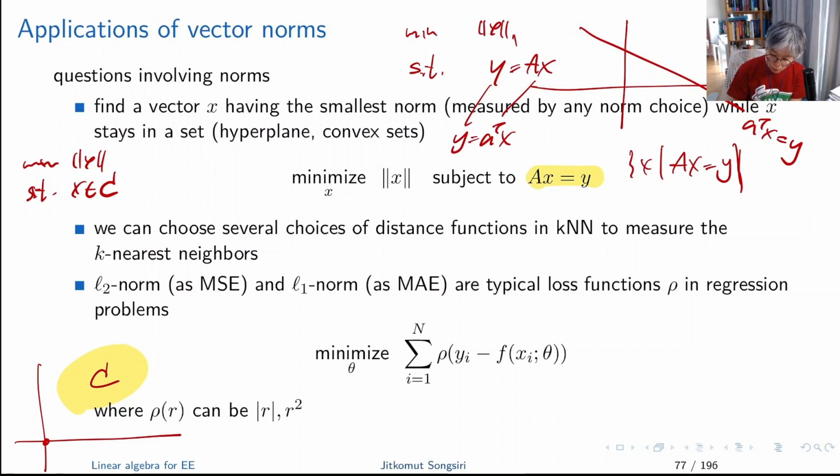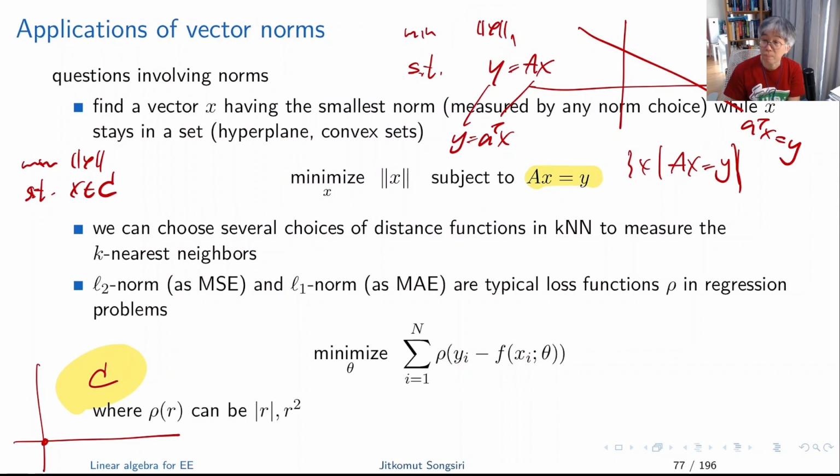But you're looking for a point x along this hyperplane that has the minimum one norm. So what is it supposed to be? Again, with the same concept, you draw a diamond shape around the origin and enlarge it until it touches your set. So this point is supposed to be the point on the hyperplane that gives me the minimum one norm distance.